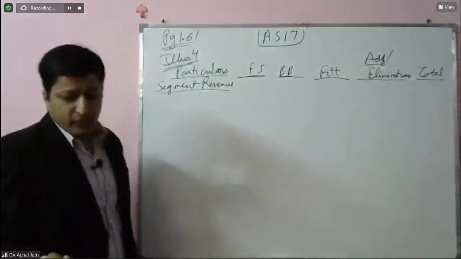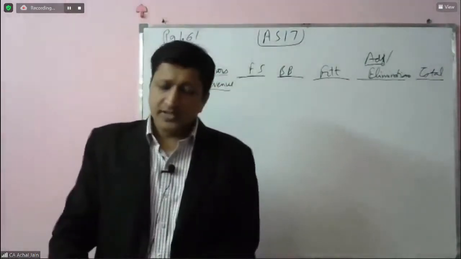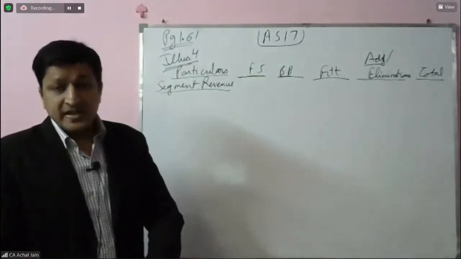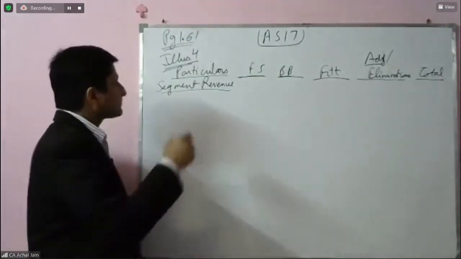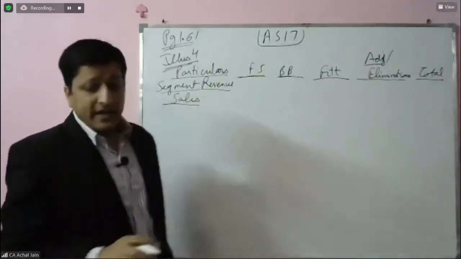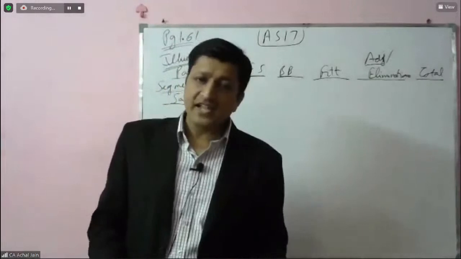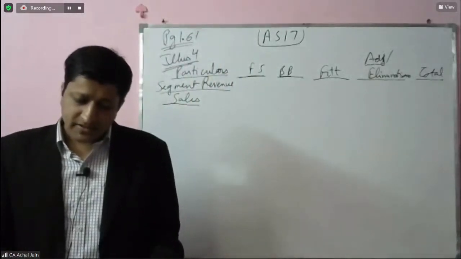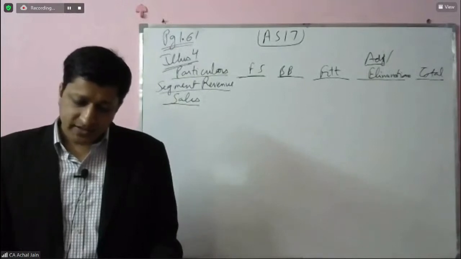Do we have this information available in the question? The answer is yes. So first, we will give the sales which are external. And external sales again are domestic as well as export, given in the question.